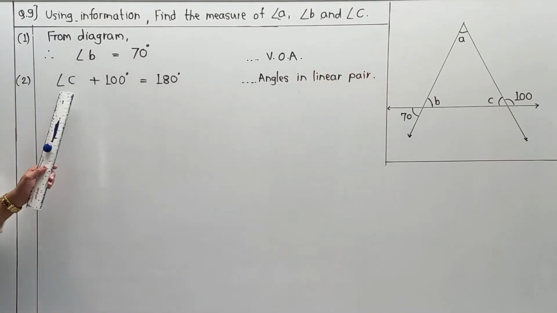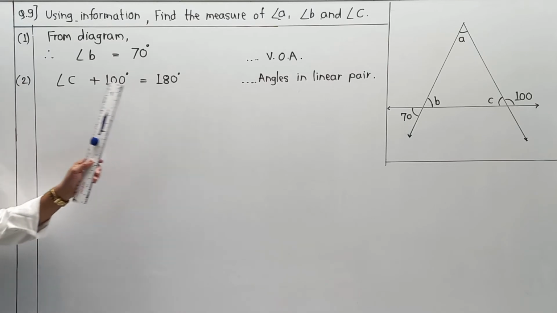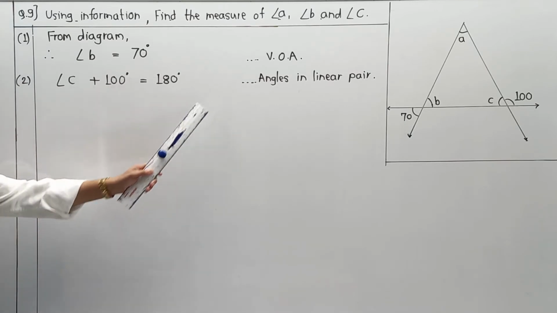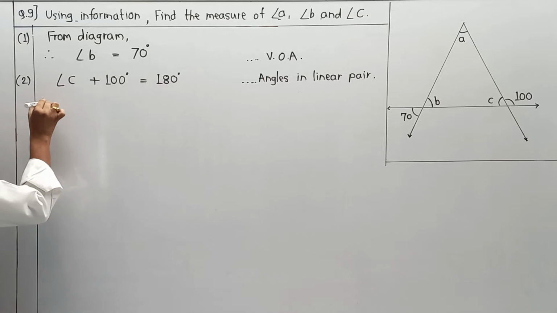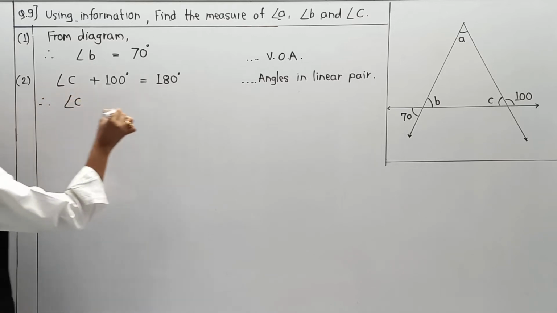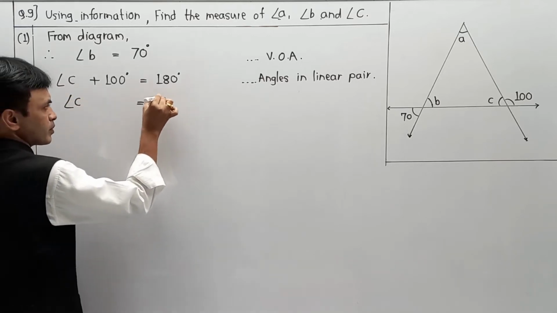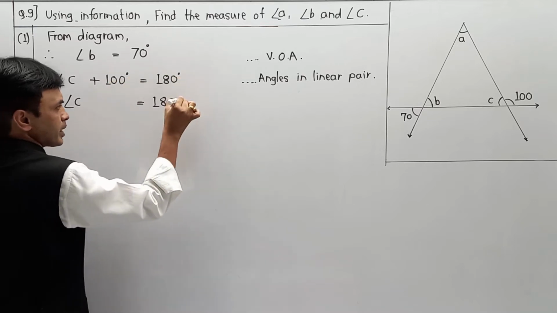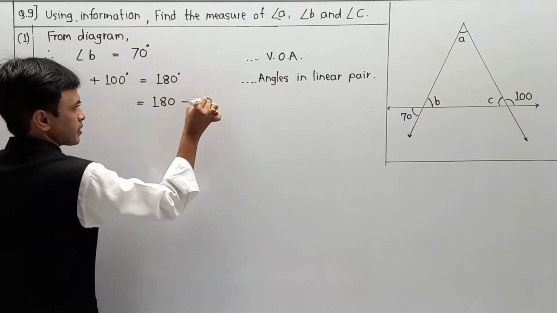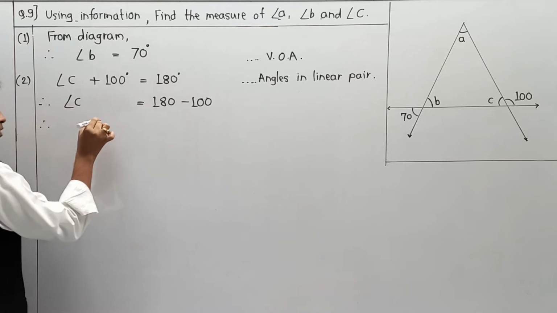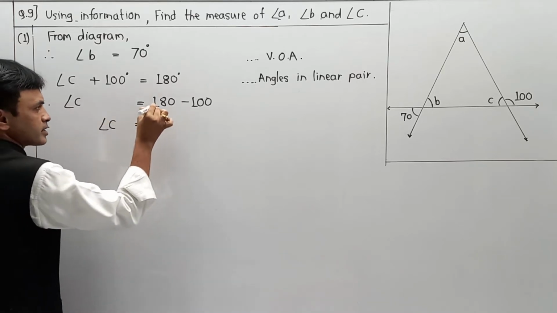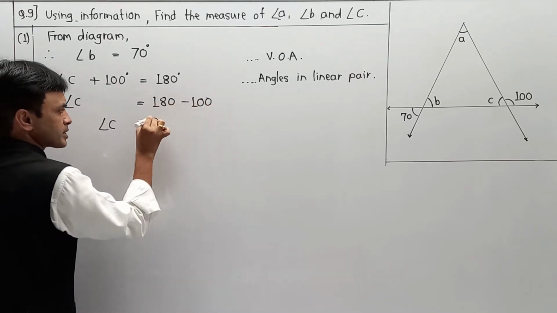Next, here angle C plus 100 degree is equal to 180 degree, shifting this 100 degree to that side. Therefore, angle C is equal to 180 minus 100, which means 80 degree.